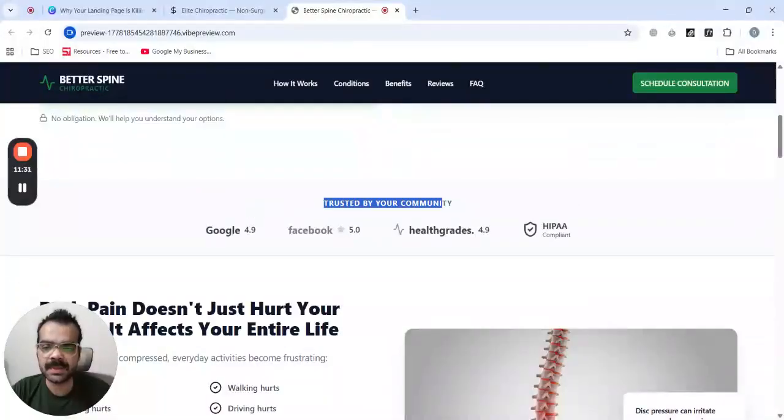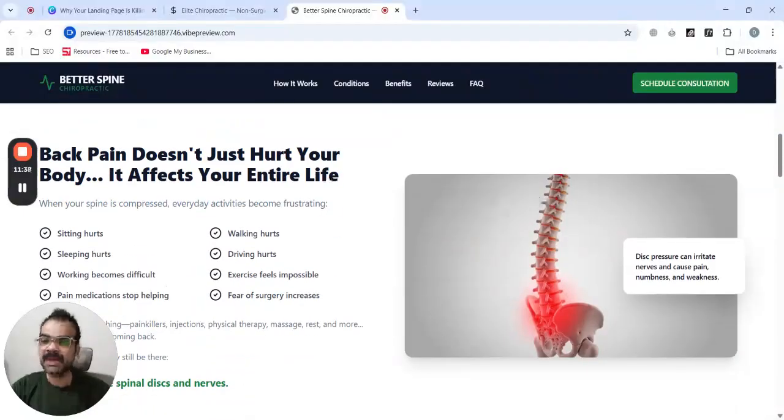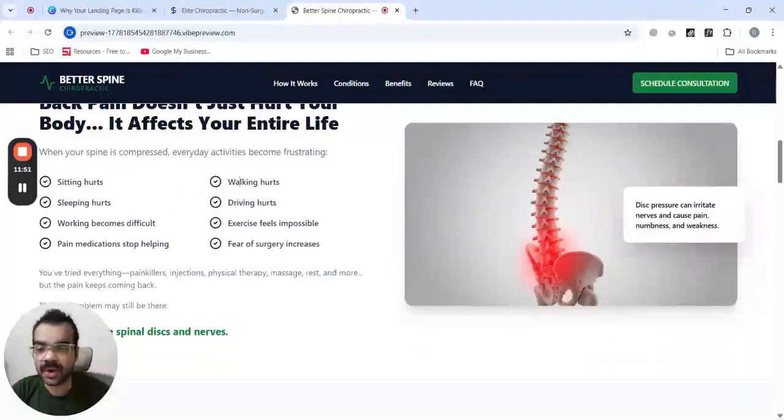Then this is the place, again, trusted by Google, Facebook, Healthgrades, HIPAA compliant. This is the section which is the problem or pain agitation. You are telling people, when your spine is compressed, what kind of problems you are facing. Walking hurts, driving hurts, exercise.